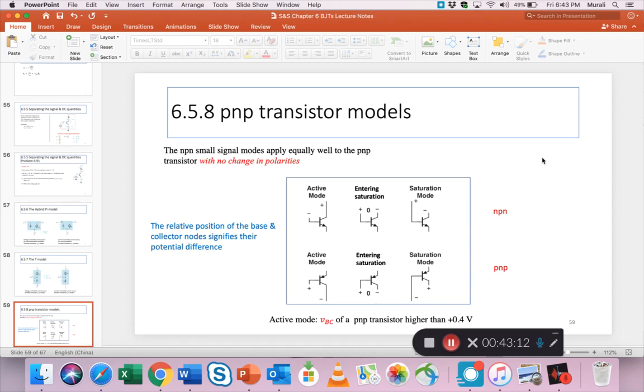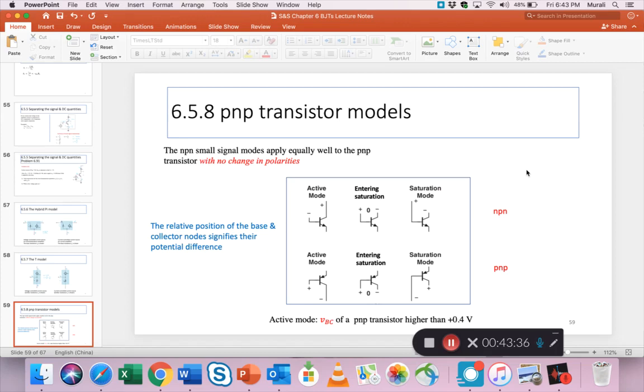Okay, so a couple other quick things to do, and I'm trying to finish this in 50 minutes, so let me quickly go through it. We have to learn a little more about the PNP, right? So far everything we have done is with the NPN, but really nothing changes with the PNP except that the biasing is different, right?